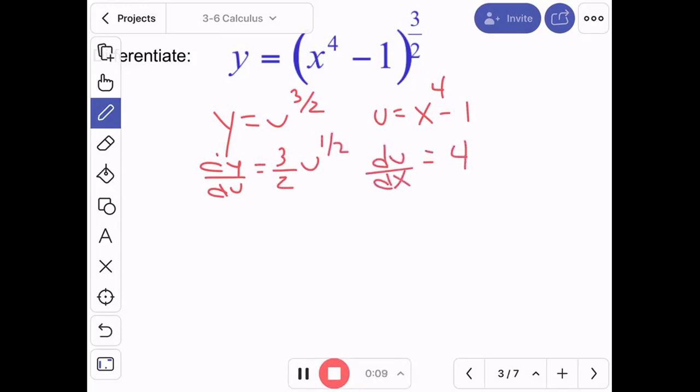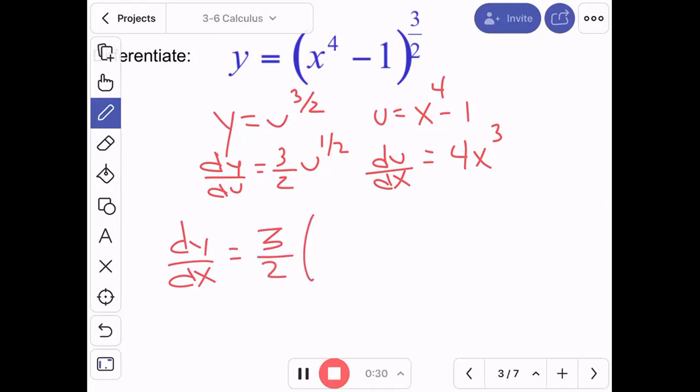So if you haven't noticed by now, this is why I'm really big on making sure you're using the proper notation. dy du, du dx. They're very specific about what is the variable of the function and what is the variable that you're differentiating in terms of. So dy dx equals 3/2.